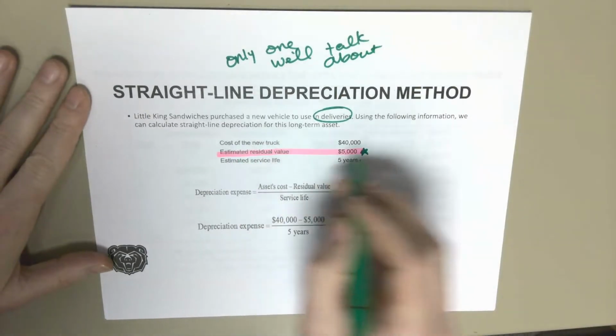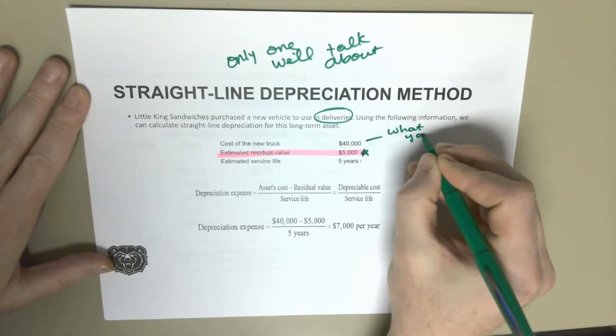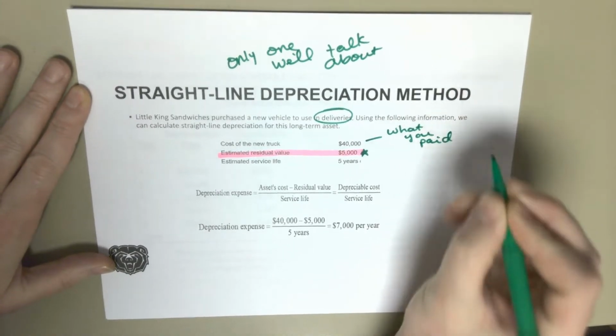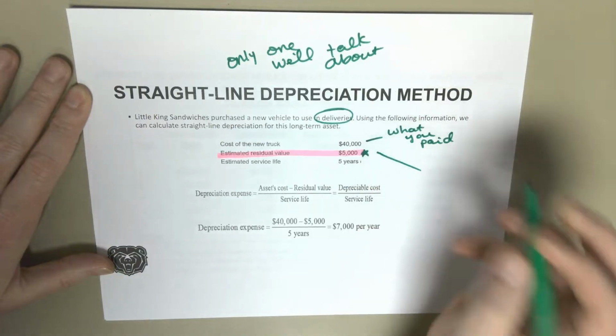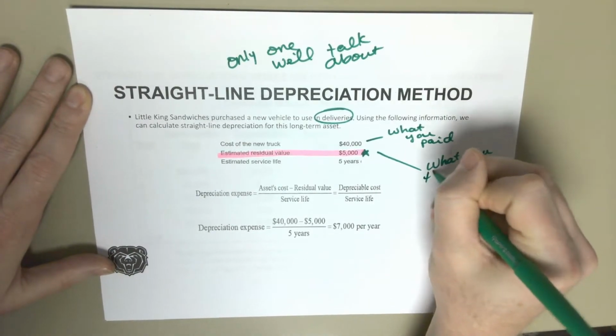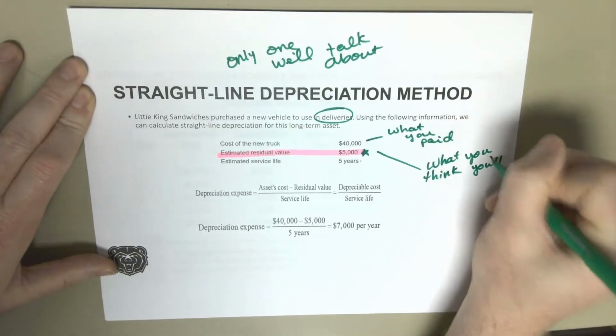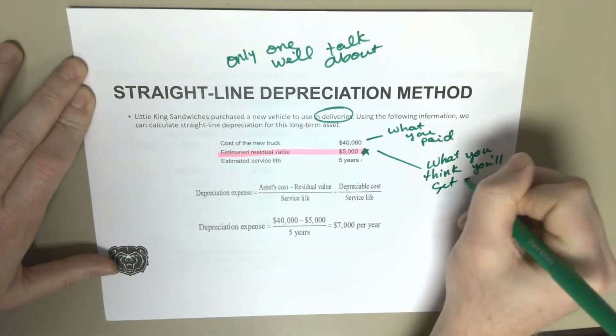So you've got your cost of the new truck. This is what you paid, okay? And then you're also going to have your estimated residual value, what you think you can get for it when you sell it at the end of its useful life, okay?